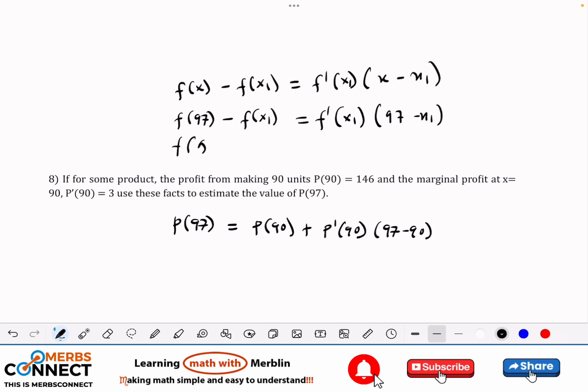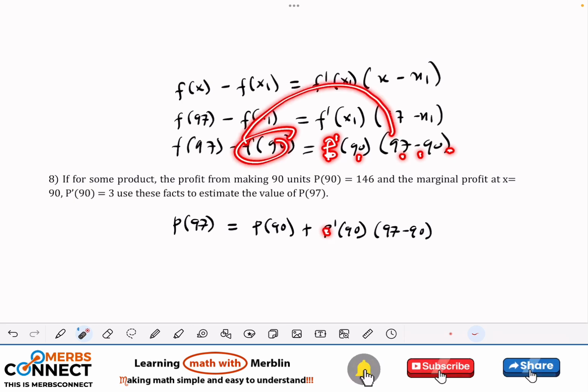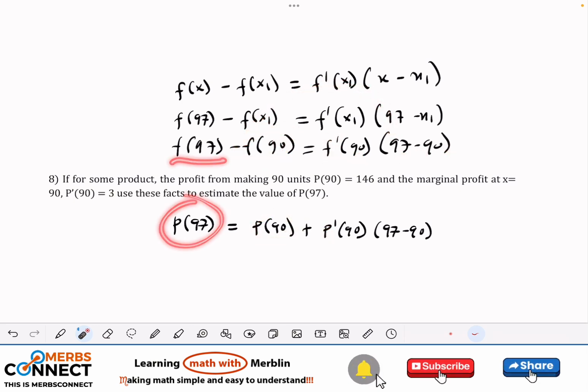So when I plug in 90, I'm going to have f of 97 minus f of 90 equal to f prime of 90 times 97 minus 90. So that's what we are just doing here. This one is just P. If this one is P, you will see that this one will be P prime 90 times 97 minus 90. Then when I move this one to this side, we have this one here, and we are left with P of 97.